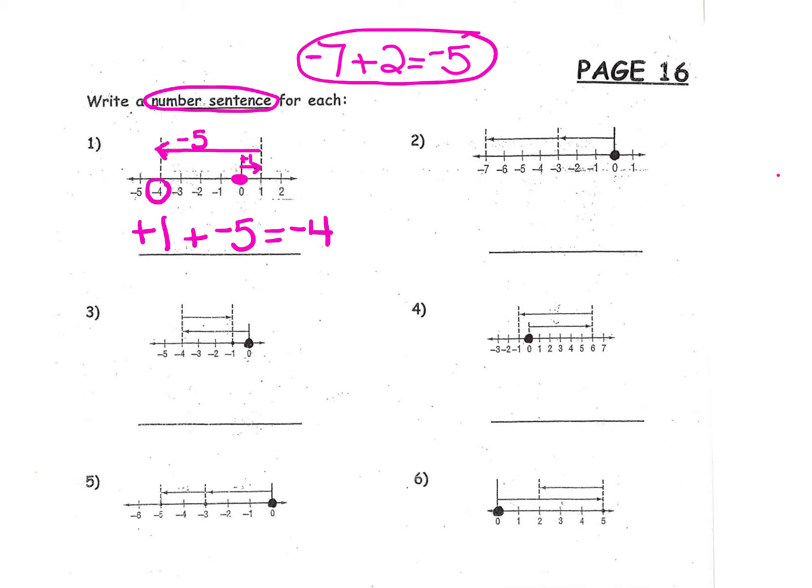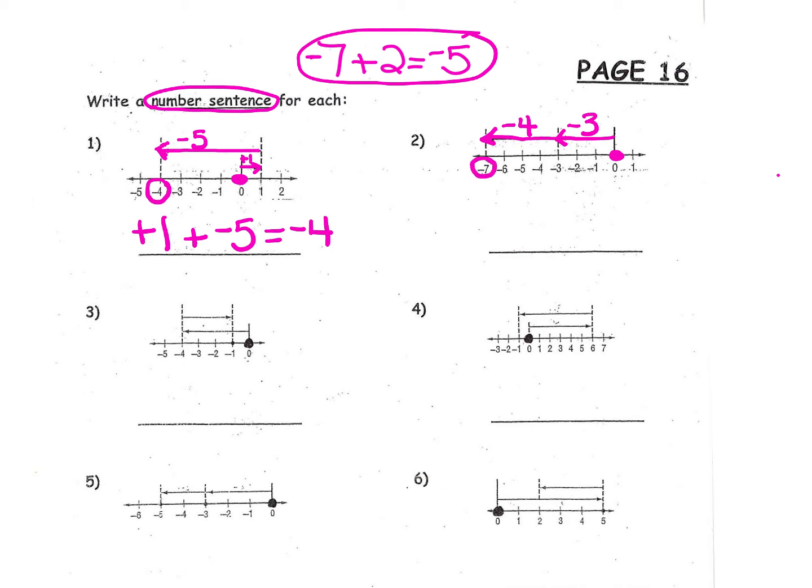Let's take a look at number 2. Again, starting at 0, our arrow goes to negative 3. We've gone 3 units to the left. Then we go 1, 2, 3, 4 more units to the left. That's a loss of 4, a negative 4.